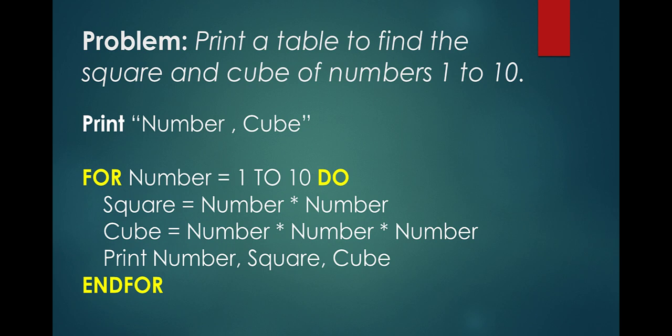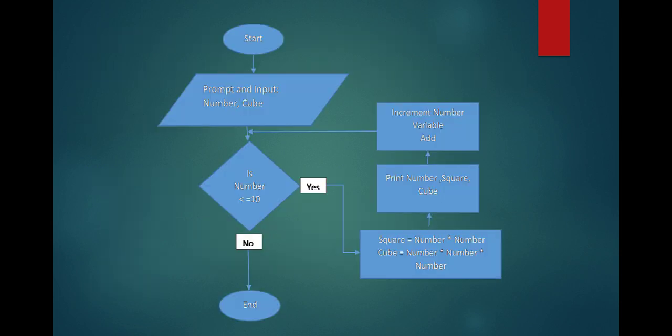So if we were to express that problem in the form of a flowchart, we would start with our start, which is called our terminators. So we start and end, those are our terminators. And next we'll have our arrow pointing down to an input box.